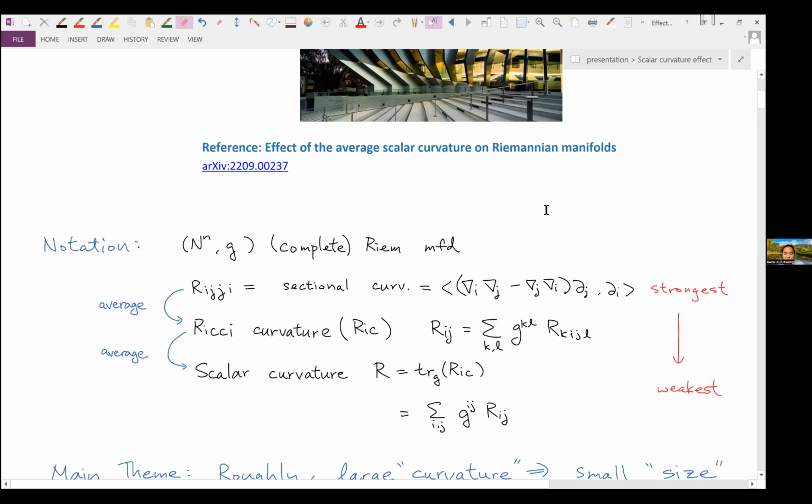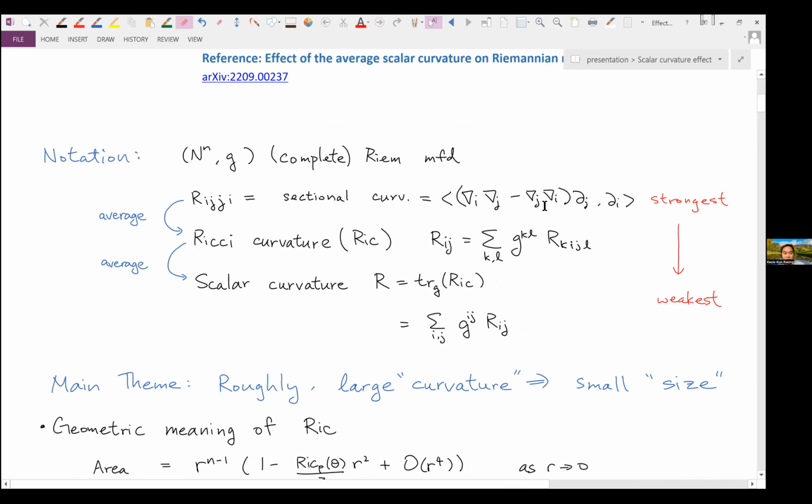But anyway, there are three very common curvatures in Riemannian geometry, namely the sectional curvature, the Ricci curvature, and the scalar curvature. If you are already a geometer, I'm sure you already know the definitions, but let me just briefly describe them.